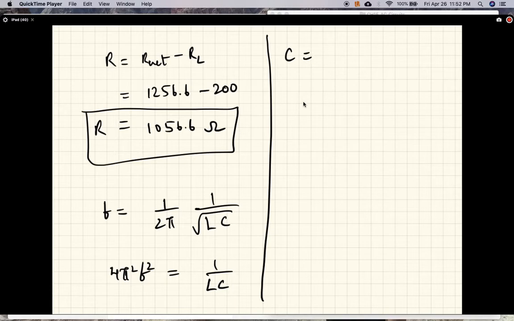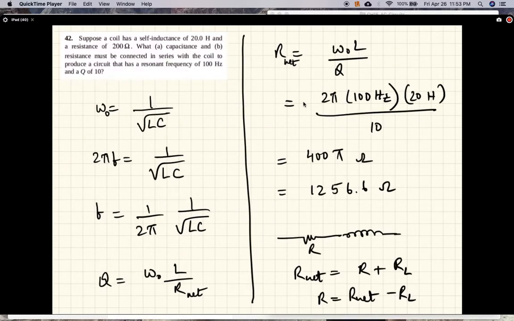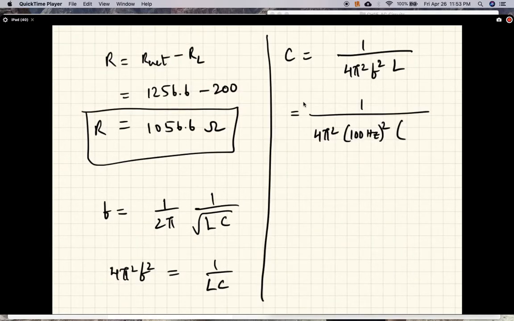And the value of the capacitance in this circuit needs to be, okay, so let's plug in numbers. 4 pi squared, the resonant frequency is 100 hertz squared, and L is 20 henries, correct? Yep. So the value of the capacitance.